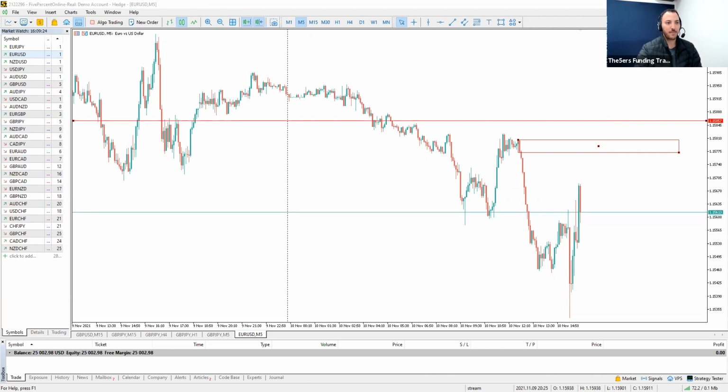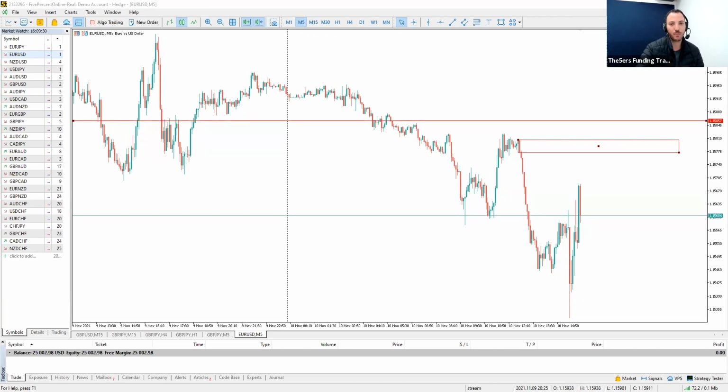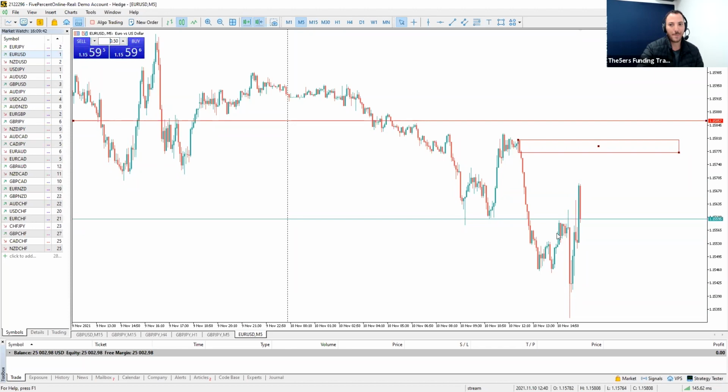So every pip should be $5, which is half a lot, 5 mini lots. So if I take one sell right now, half a lot.